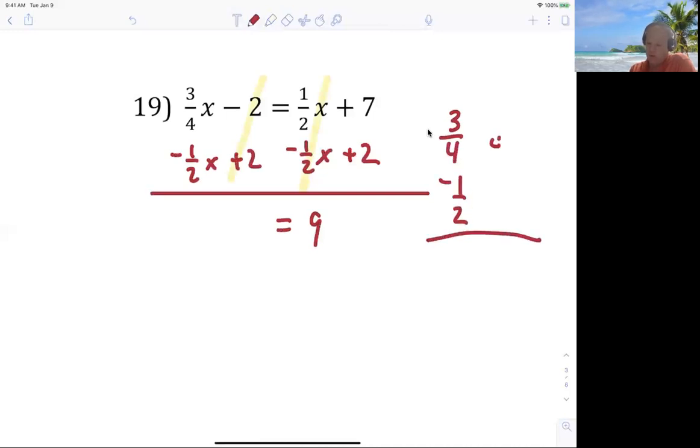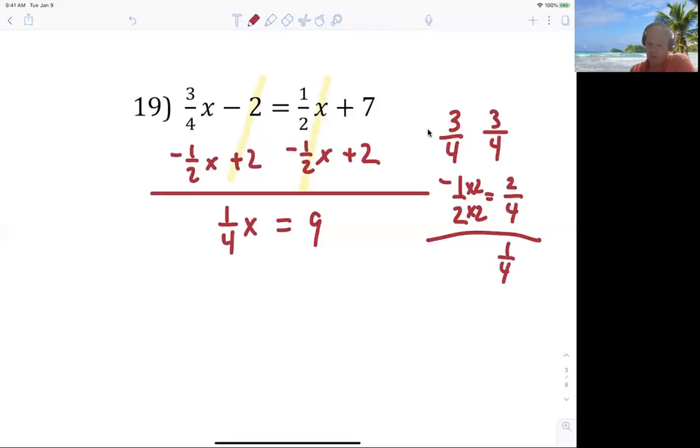Common denominator is 4, multiplied by 2. That creates 2/4. So it's just 3/4 minus 2/4, which is 1/4 x. Okay? So 3/4 minus 1/2 is 1/4.